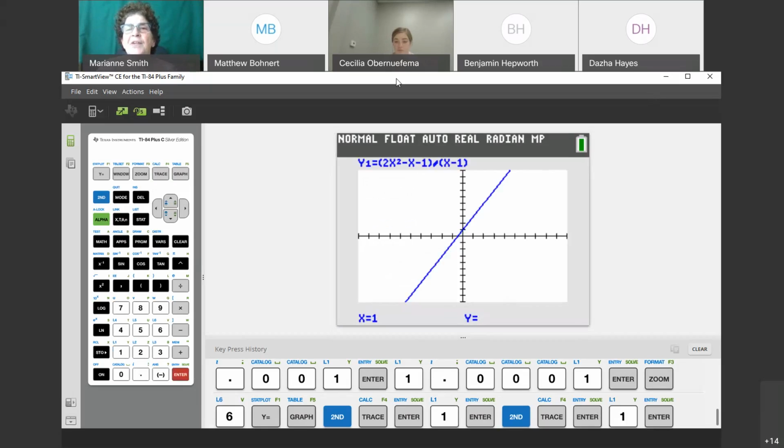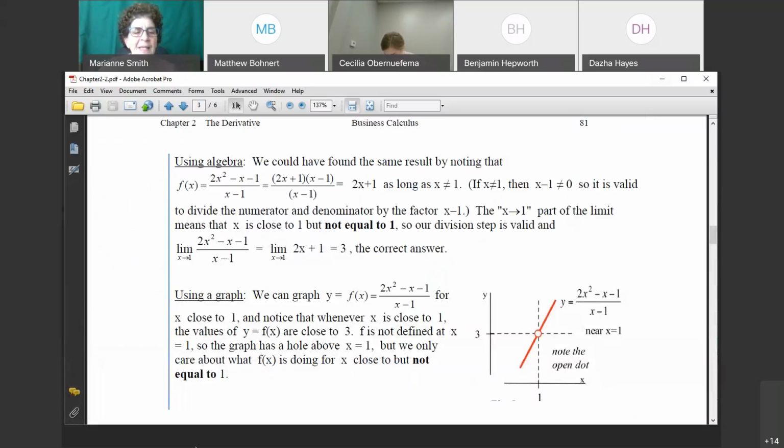Would anybody care to see it on Desmos? Want to see Desmos? Since again, I'm assuming the majority of you don't have a TI-84 handy. So let me show you Desmos. Great.